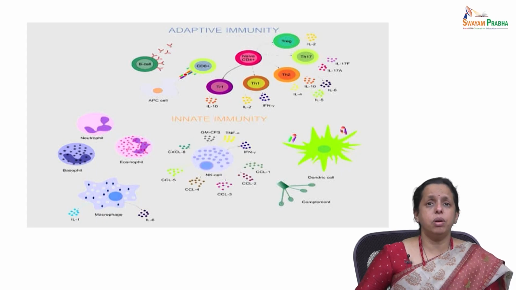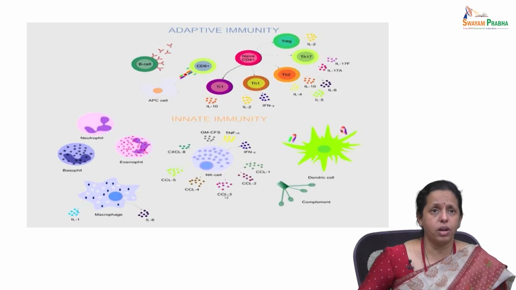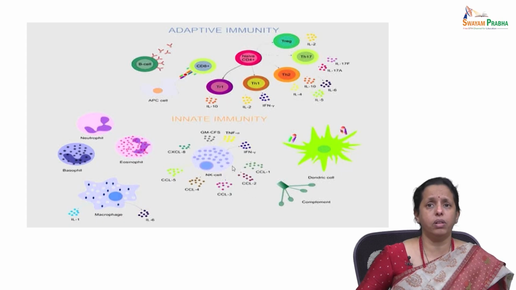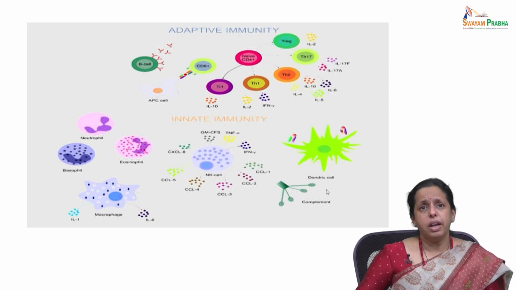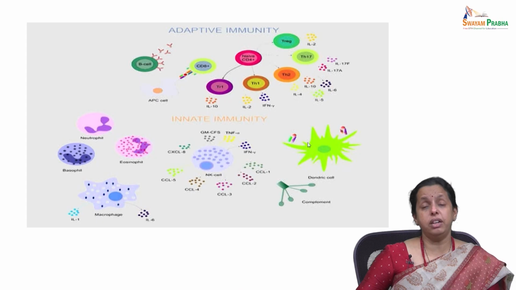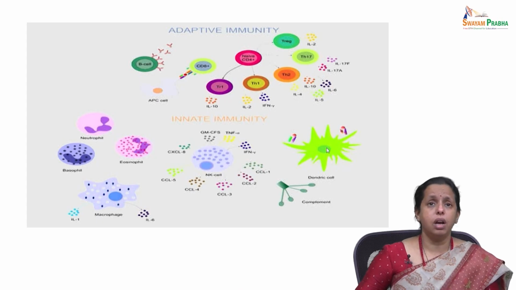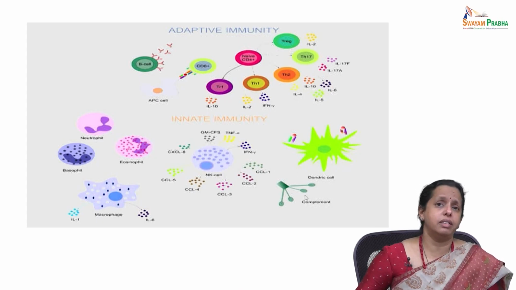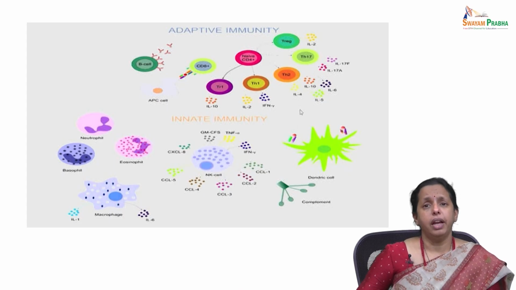Your macrophages produce inflammatory mediators, such as your IL1 and your IL6. And then you have your basophils and your eosinophils, which also form a part of your innate mechanism. Then you have one crucial cell type, your dendritic cells, and even the complement pathways as part of your innate system.